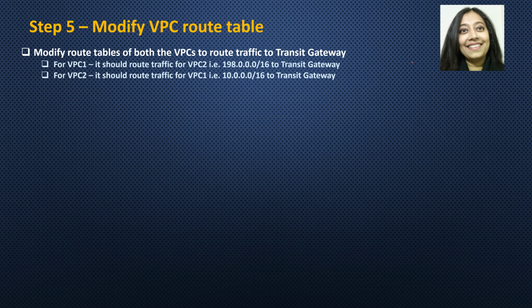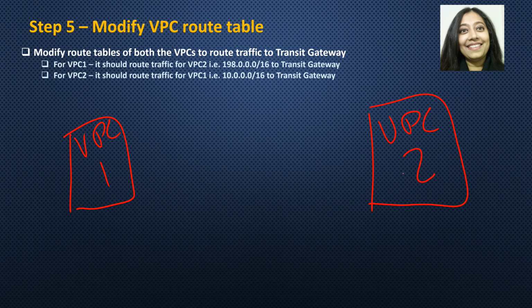Now we have to modify the route tables of both the VPCs to route traffic to the transit gateway. So what are we trying to do over here? You have your VPC1 over here, and this is your VPC2. Let's say a request arises in VPC1 for an IP address that is in VPC2, right?